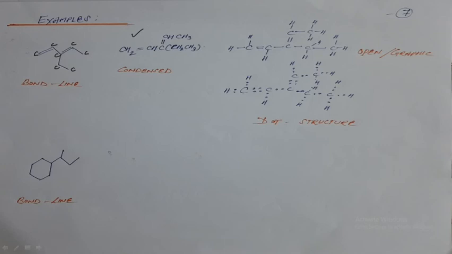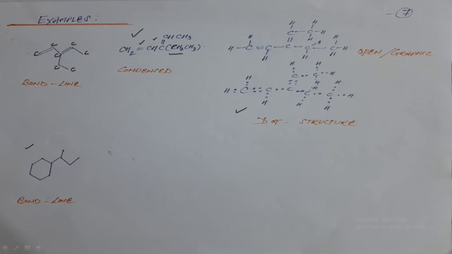But if a double bond is given, we cannot condense it; we have to always show it. So this is also the condensed form, and this one is a fully open structure, where each bond is open, the graphic or open structure, and this one is the dot structure.